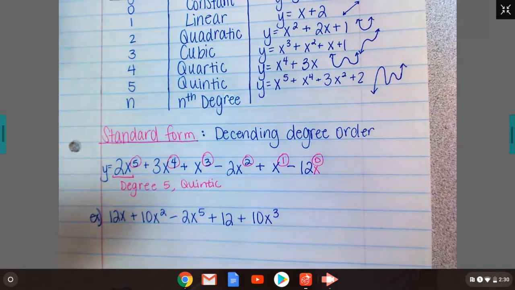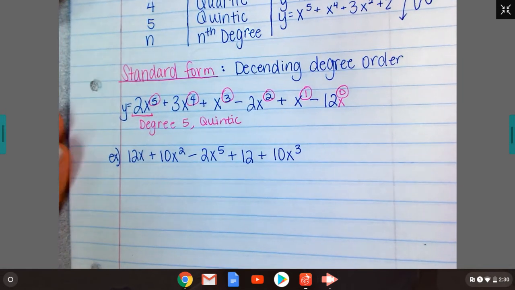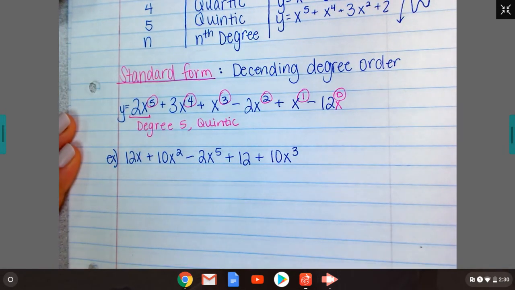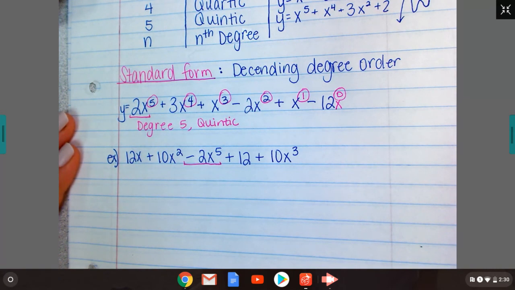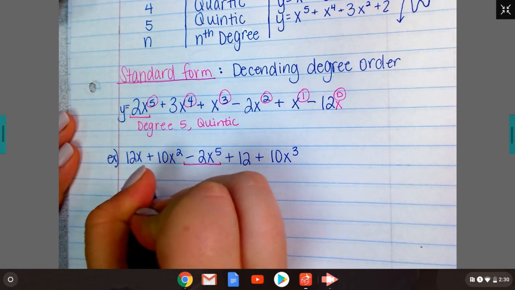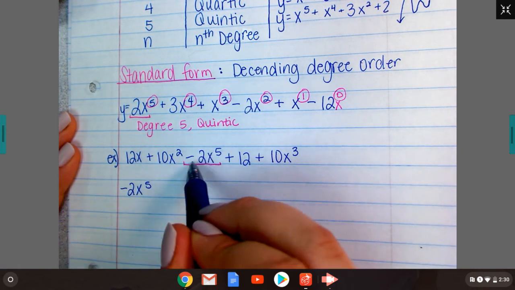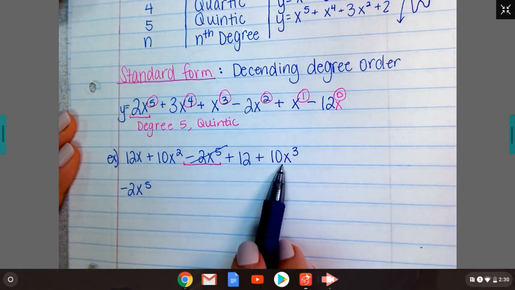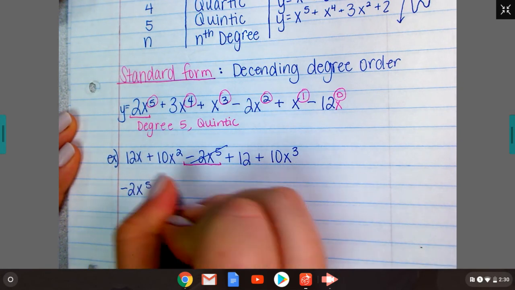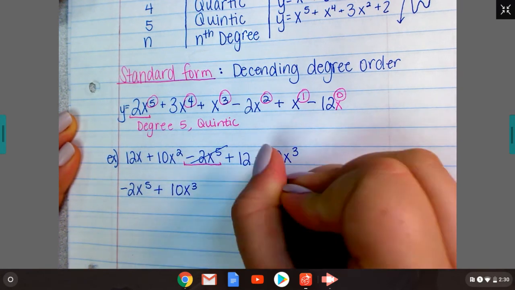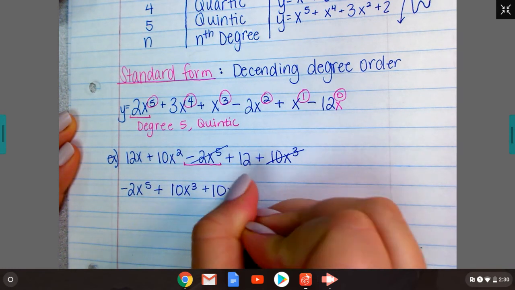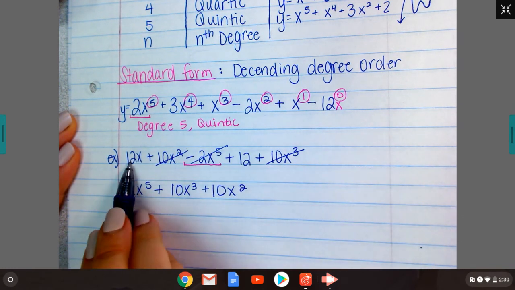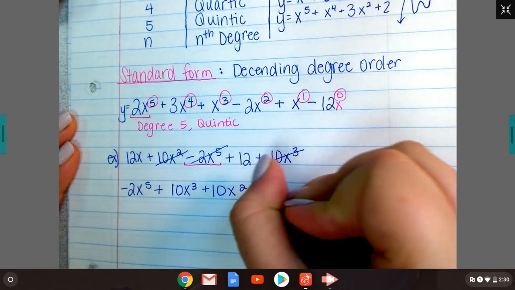We need to put it in descending order. So find the highest order you can. It's a 5. Put this term first. Make sure you move the whole term. So the negative goes with the 2. So negative 2x to the 5th. And then my next one is to the 3rd, 10x cubed. Got that guy. Here's a 10x squared. And a 12x and a 12.